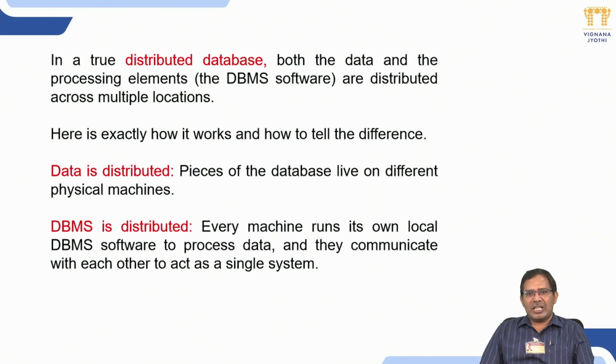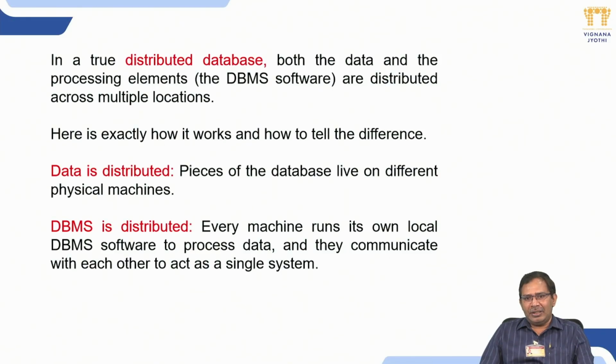In the true distributed databases, both data and the processing elements called DBMS software are distributed across multiple locations. Data is distributed. The pieces of the database live on different physical machines across the world. In addition to that, the DBMS is also distributed.